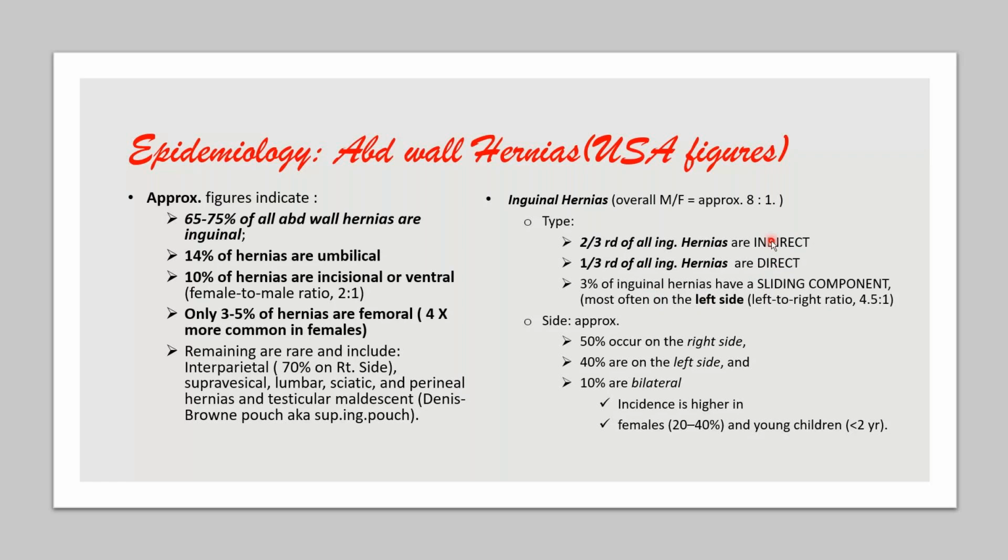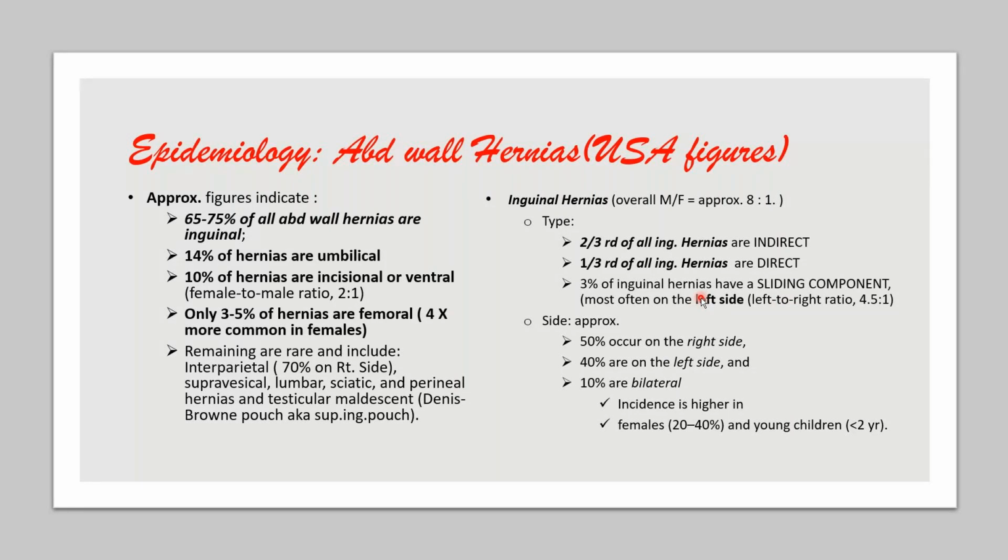Right? We'll talk about what a sliding hernia means. Now, if you look at the side, approximately 50% would be occurring on the right side, 40% on the left side, and 10% are bilateral. That makes up 100%. Right? So there are some figures which help you in managing a patient of inguinal hernia.